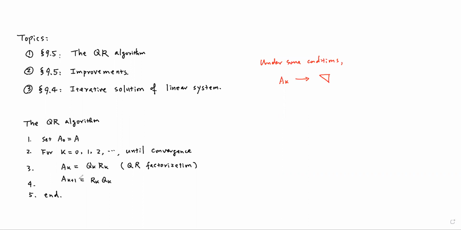Let me show you one example of this algorithm. Take a look at one simple example. Consider this 2 by 2 matrix.